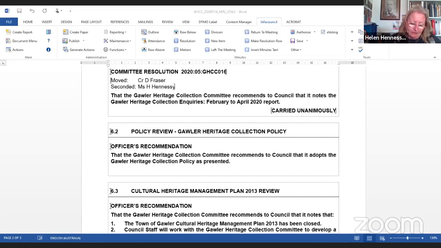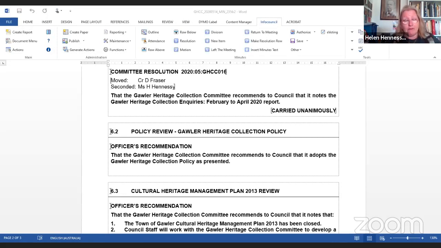From memory, we have no documentation that explains the protocols about both the municipal and the local history collection. That's a bit of an absence that we need to fill, for no other reason than making it very clear to the community as to what's being collected in those two areas and publicising it.